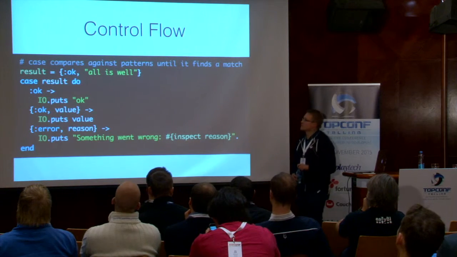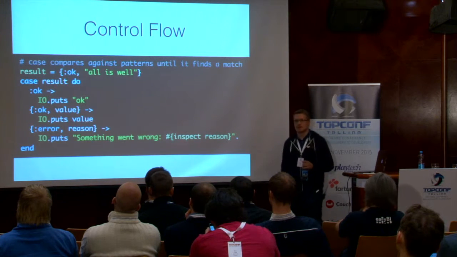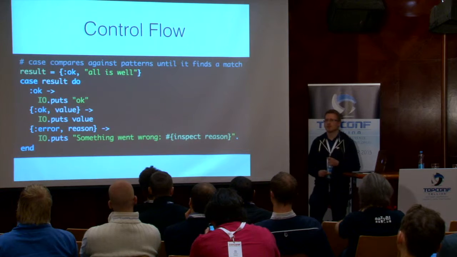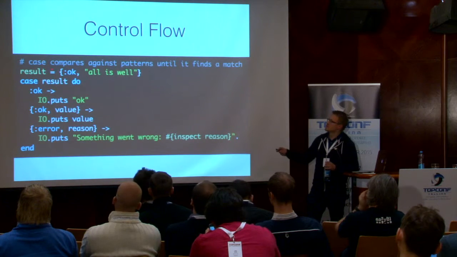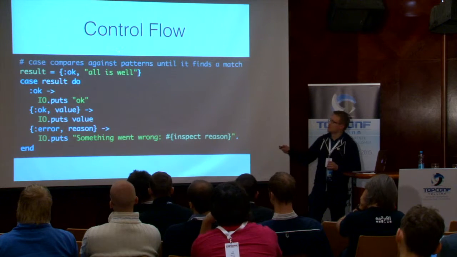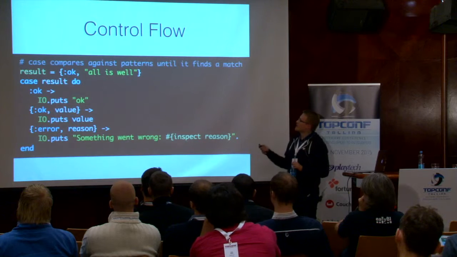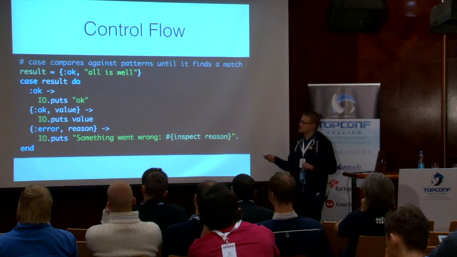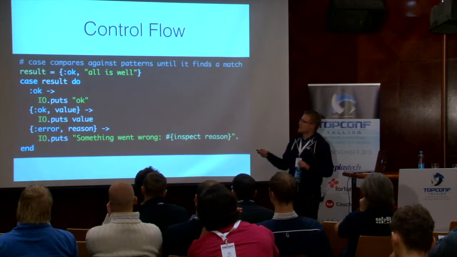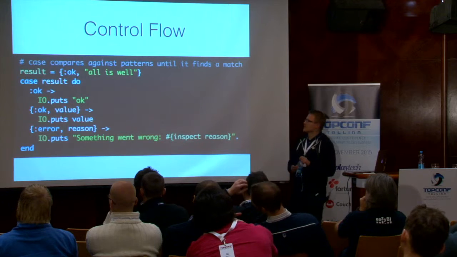Basic control flow structures. So here we start using pattern matching in real programming. Let's say we have a result from a function which is a tuple: ok, all is well string. And we use the control flow structure case, where we are pattern matching different clauses and acting accordingly.